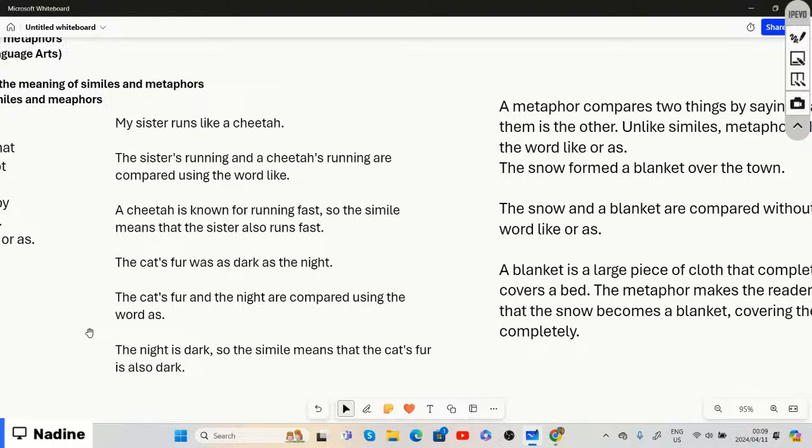And if we compare the cat's fur to how dark the night is, then we know that at night it gets extremely, extremely dark, right?